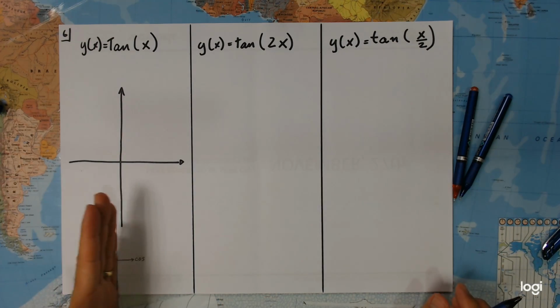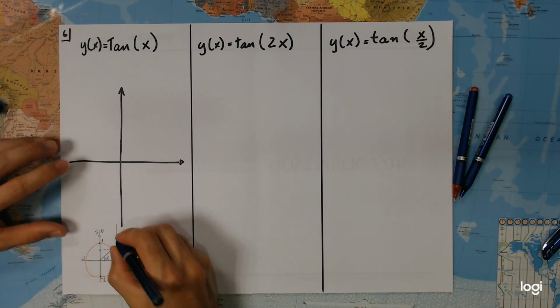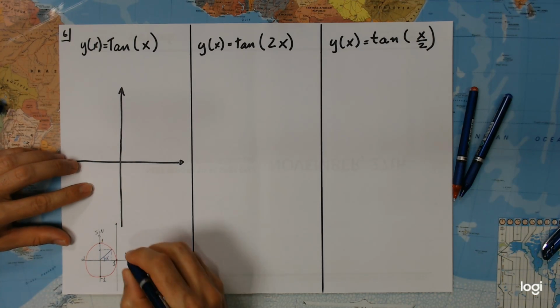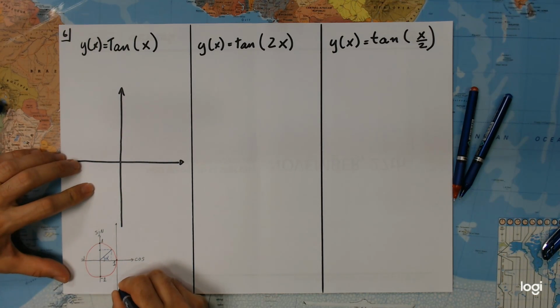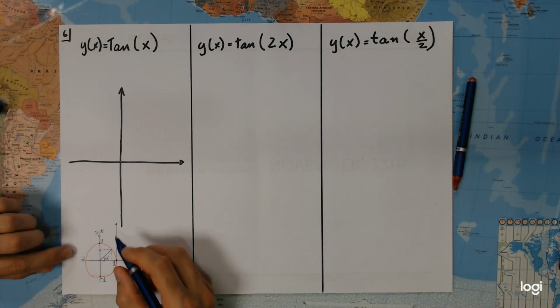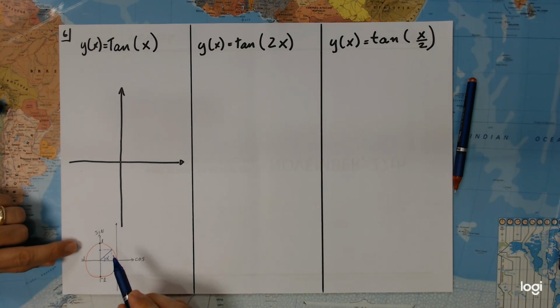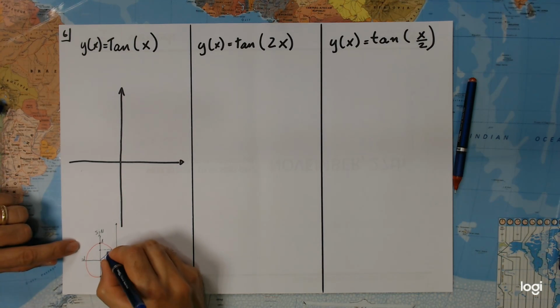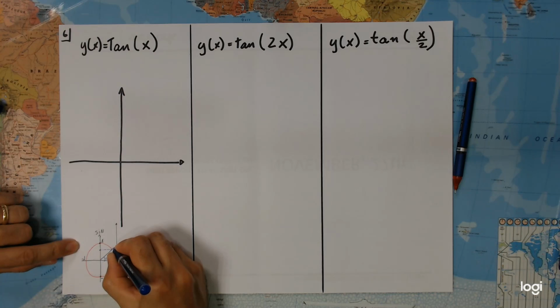It is a parallel axis to the y-axis, and this is a tangent. Okay? And the interesting is this. Well, for this alpha, this is a cosine, this is a sine, and what about the tangent? Well, you just continue.